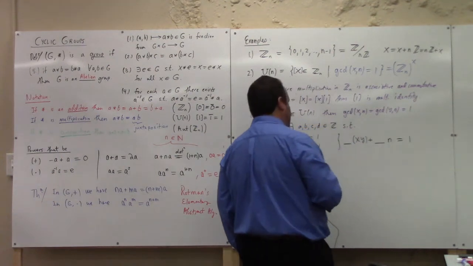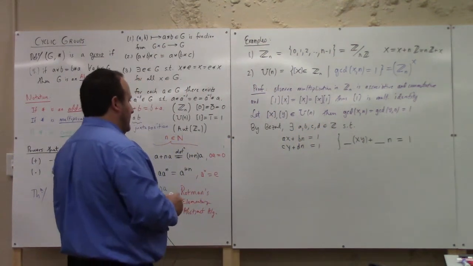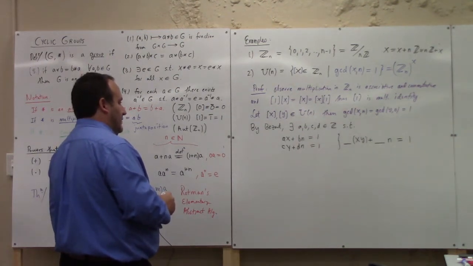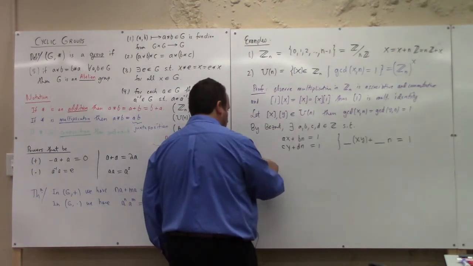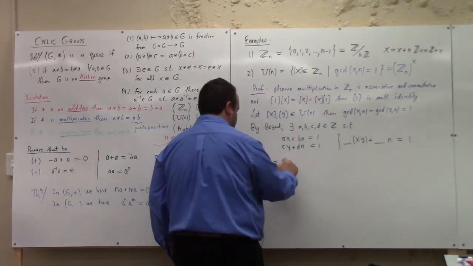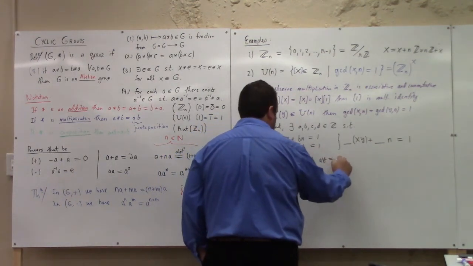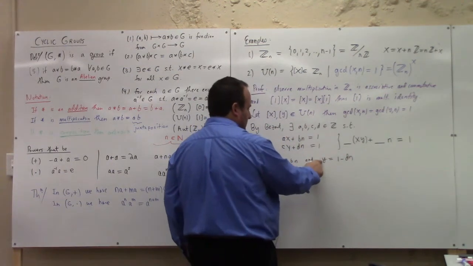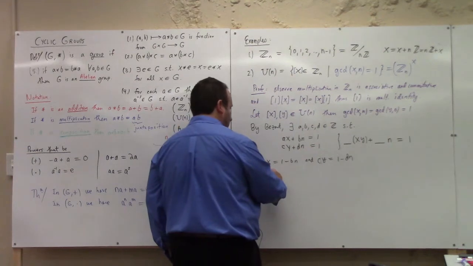If we could fill in those blanks, we'd be peachy. Oh, here's a step. AX is equal to 1 minus BN, and CY is equal to 1 minus DN, right?